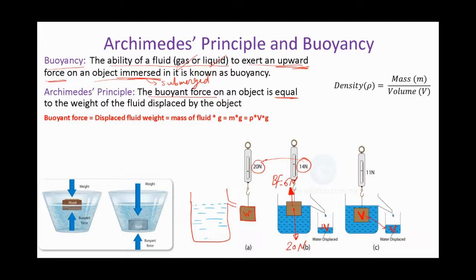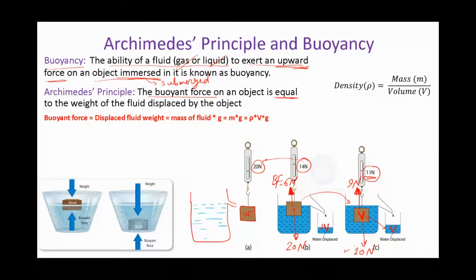So if we leave the object to move down and be fully submerged, what do you expect? I expect the buoyant force to increase. Why? Because all the volume will be submerged. And that's true. Here in the second case, the weight is 20 Newton, and the scale measures only 11 Newton. It means that there is an upward force of 9 Newton.